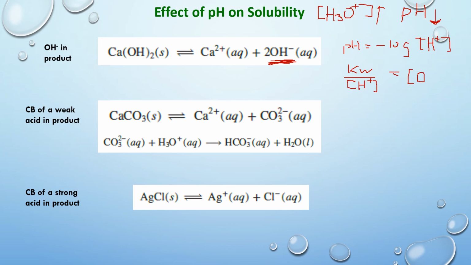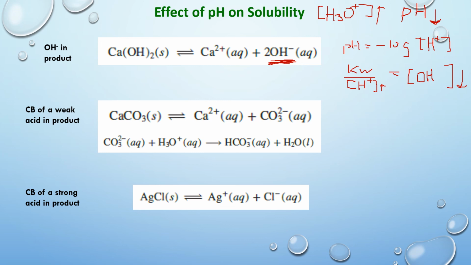So if we decrease the pH, that means the hydroxide concentration will also decrease. Decreasing pH means increasing the proton concentration, so the hydroxide concentration will decrease.